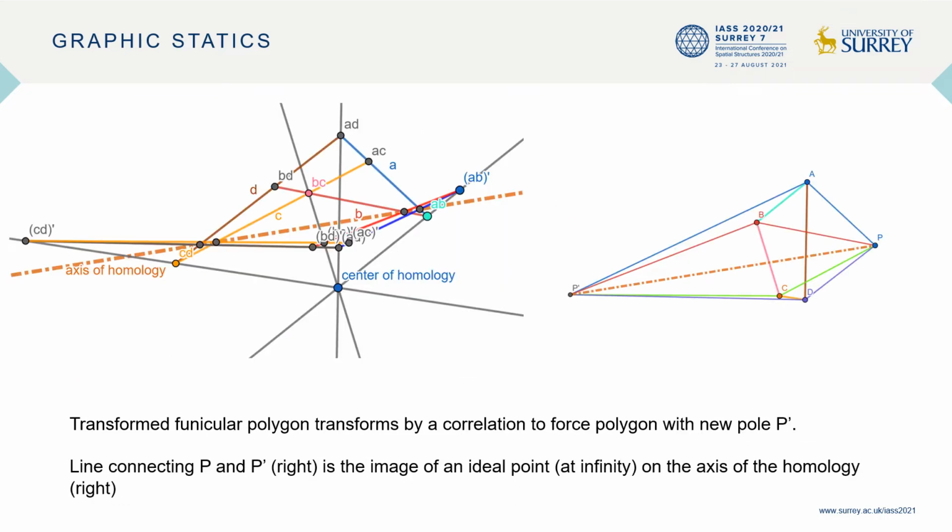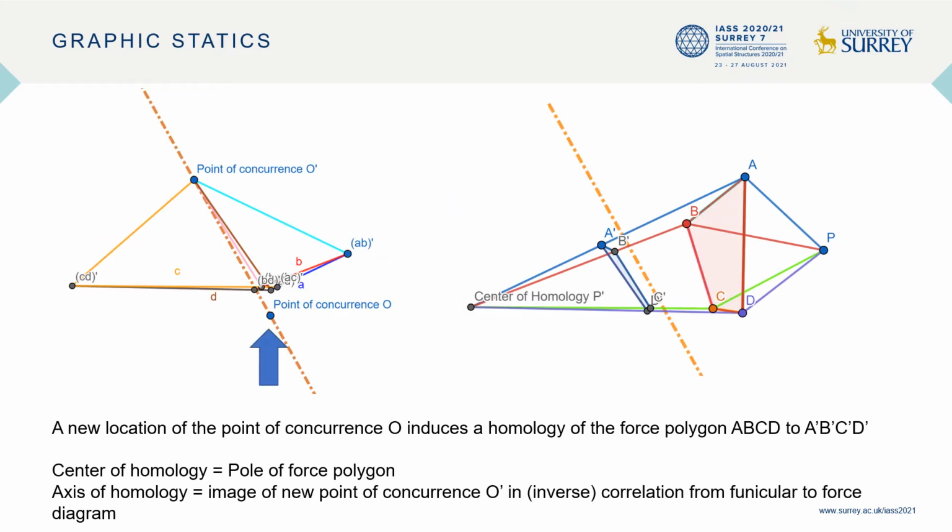The transformed funicular polygon corresponds by correlation to a force polygon with a new pole, P'. Similarly, a shift in the point of concurrence in the funicular diagram can induce a homology in the force diagram that results in a different group of forces in equilibrium, but the same funicular polygon.